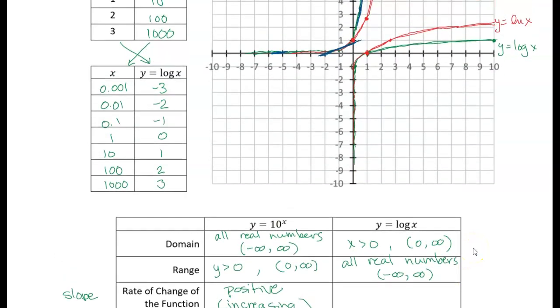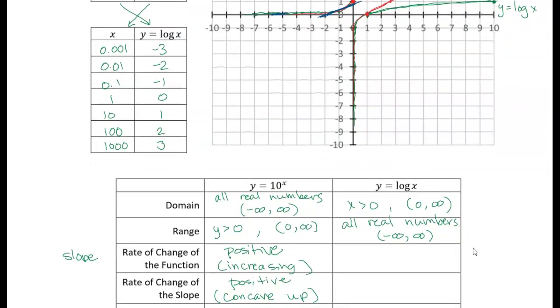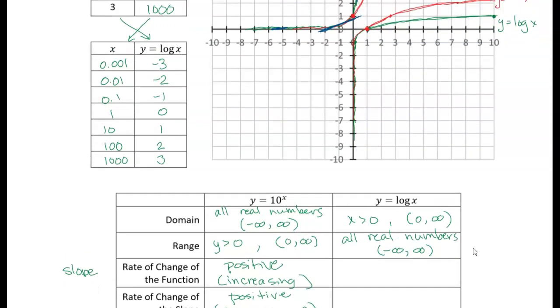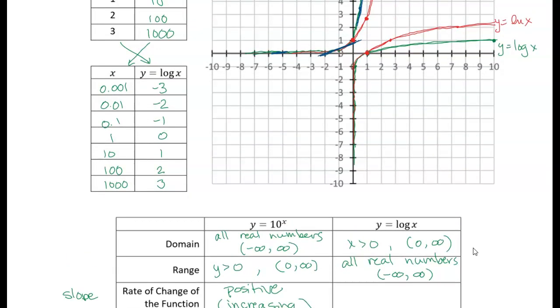Now what is the rate of change of the function? The rate of change is the slope. So if I look at the slope at any given point, let's say a point like this, our slope would look like that. It's positive, right? If I look at this point, again, it's positive. It's kind of hard to draw it in there, it's a little bit shallower.